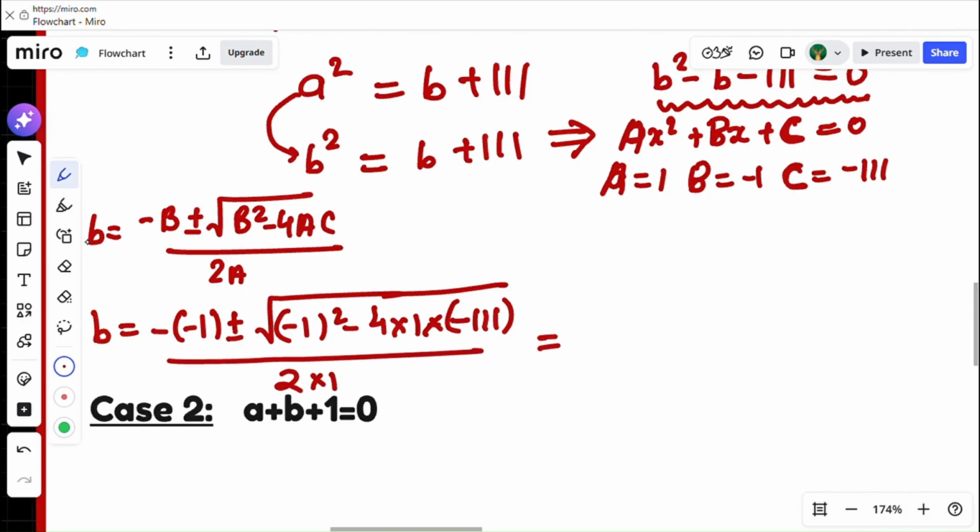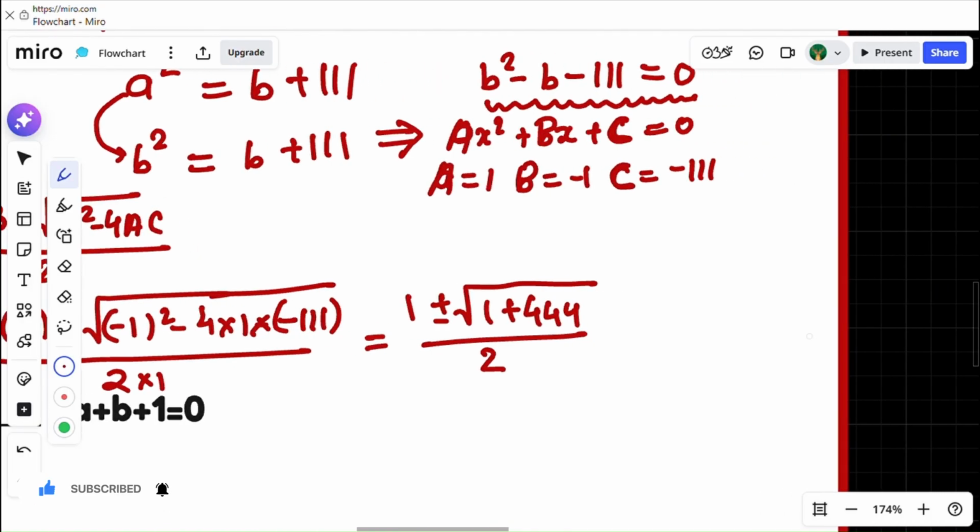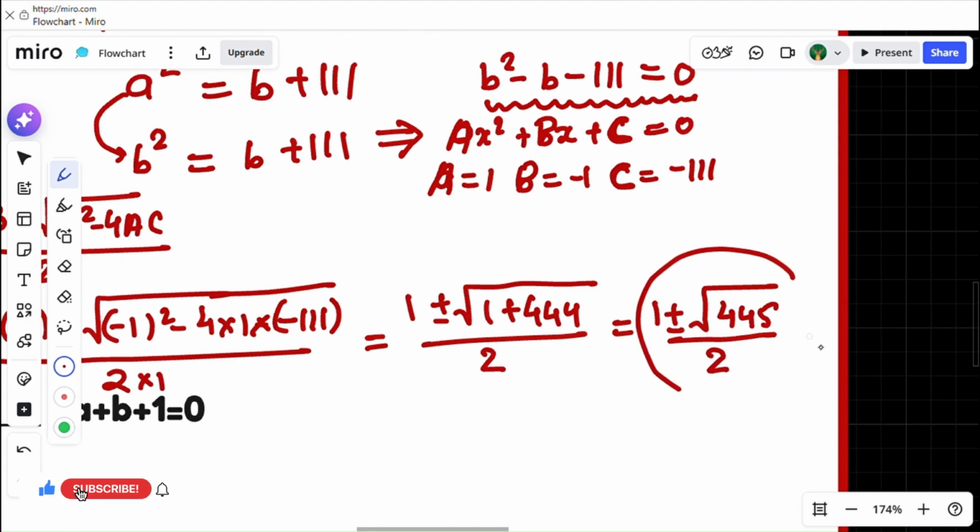So minus 1 multiply minus is 1, plus minus root of minus 1 whole square is only 1, and 4 multiply 1 multiply minus 111 is minus 444, and minus 444 multiply by minus is positive 444, upon 2 multiply 1 is 2. So this will be converted to 1 plus minus root 445 upon 2. So this is the value of a and b, because a and b are equal.